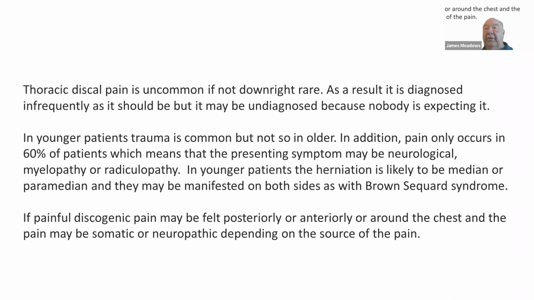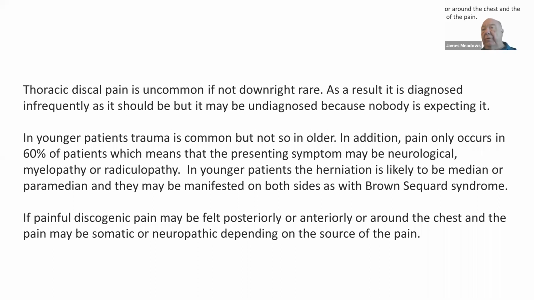If there is a myelopathy, it can be on both sides, even though the pressure may be only on one side, and this resembles Brown-Séquard syndrome. It may not show up as both legs or both sides, or it may be one side, depending on exactly where the myelopathy starts, but it can look like Brown-Séquard.